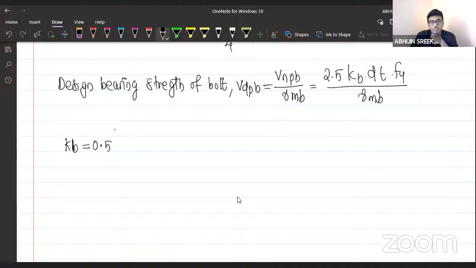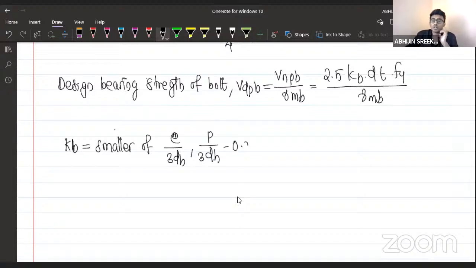Kb value will be the smallest value of e divided by 3 dh, where dh represents the diameter of the hole, or p divided by 3 dh minus 0.25, or the ratio of fub divided by fu, or finally 1. We have to take the minimum. In no case should it be greater than 1. That's the meaning of it, right?